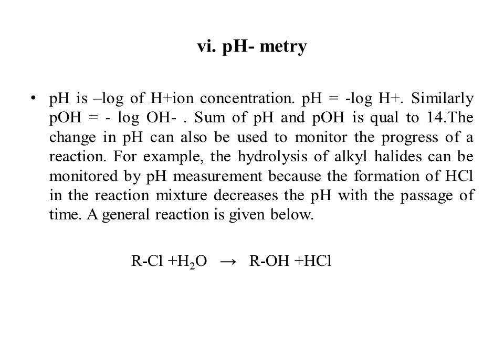Now, the sum of pH and pOH is equal to 14. The change in pH can also be used to monitor the progress of a reaction.